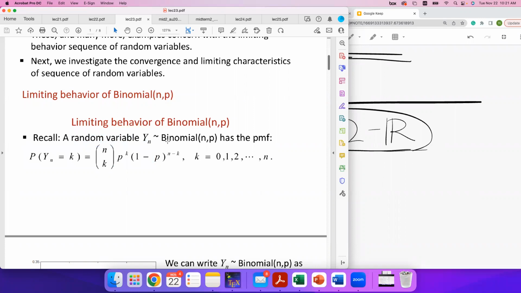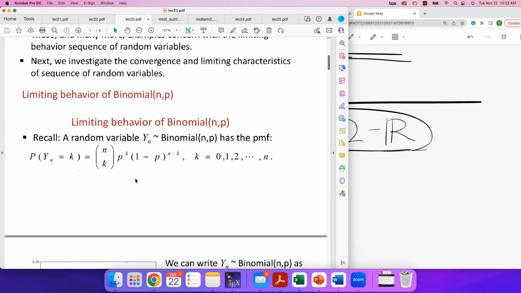Let's recall the definition of binomial: you perform n independent experiments, and each trial succeeds with probability p. Y_n denotes the total number of successes. We can calculate the distribution by combinatorics. The probability that we have k successes is given by this form.